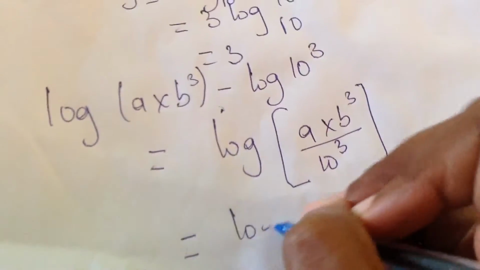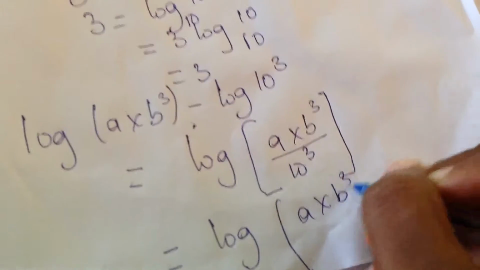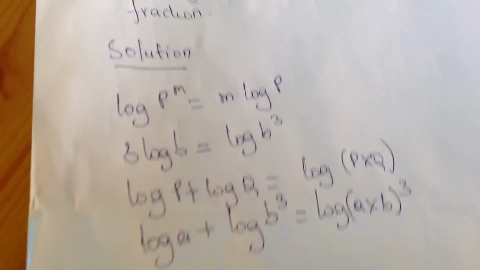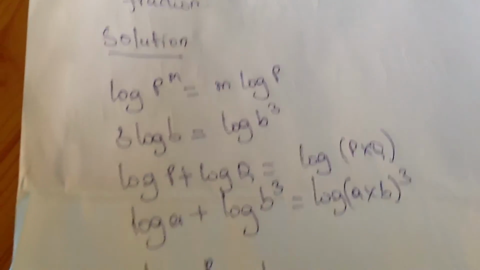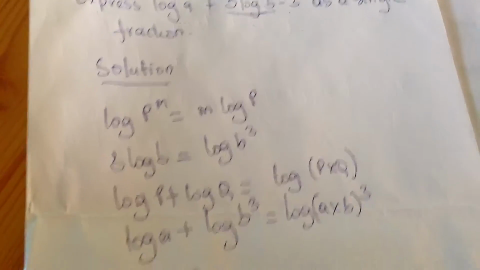So the fraction I'm having is log of a times b cubed all over 1000, and I'm done. I went through my laws, and I had to use my laws in every step of the way to get my single fraction.